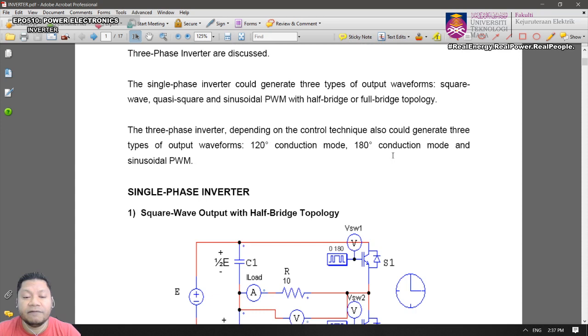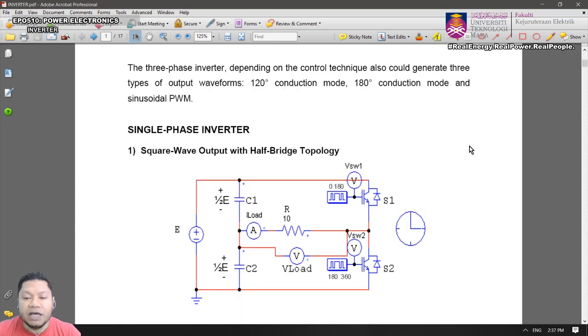Alright, so let's have a look at a single phase inverter. The first topology that we're going to discuss is the half bridge.